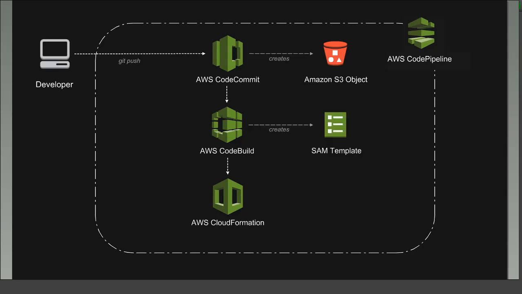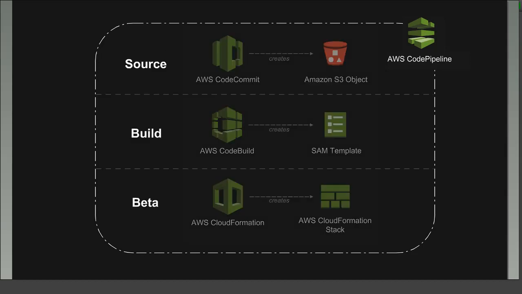A SAM template is a Serverless Application Model, and we'll come back to that in a second. After it generates a SAM template, that feeds into the last stage, which is the CloudFormation stage. This CloudFormation stage is going to take that template and actually deploy our app, and now our application will be represented as a CloudFormation stack.